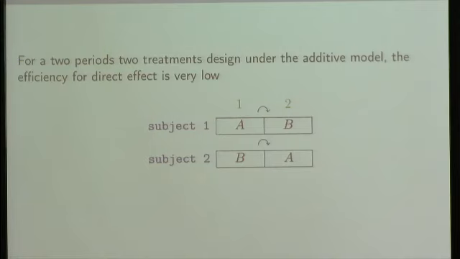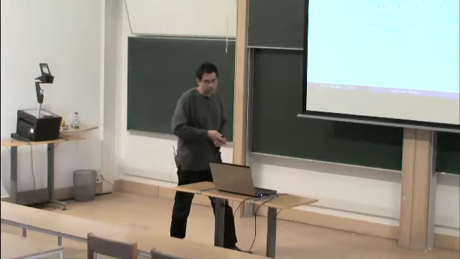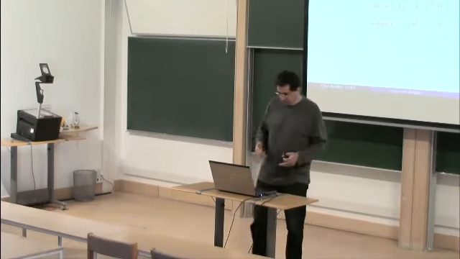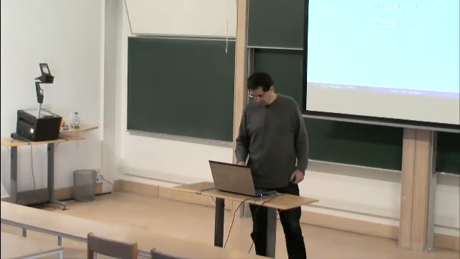So this kind of design is usually very inefficient, because mainly to estimate the main effect you use the first period, and you have a large variability of subjects that appear. So you cannot use this kind of design with the model with carryover.